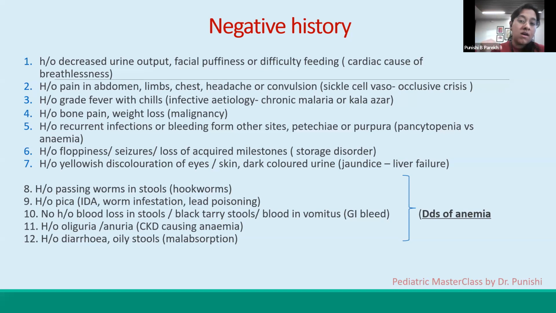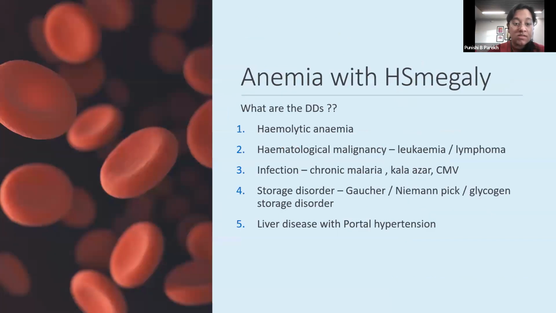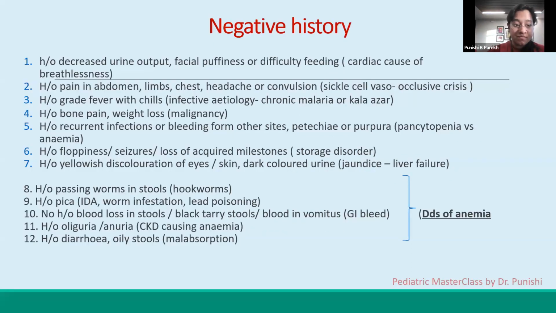Now, what other questions will I be asking to rule out the differentials that we just saw in the previous slide? In hemoglobinopathies or hemolytic anemias, the most common one is beta thalassemia major. Others include sickle cell anemia, hereditary spherocytosis, and enzymopathies like G6PD deficiency, pyruvate kinase deficiency, etc. So let's see which exactly hemolytic anemia we're dealing with.